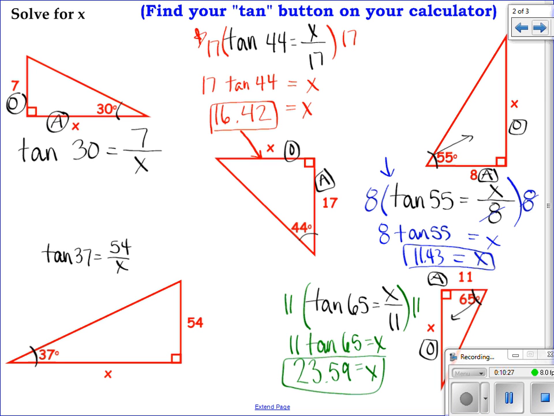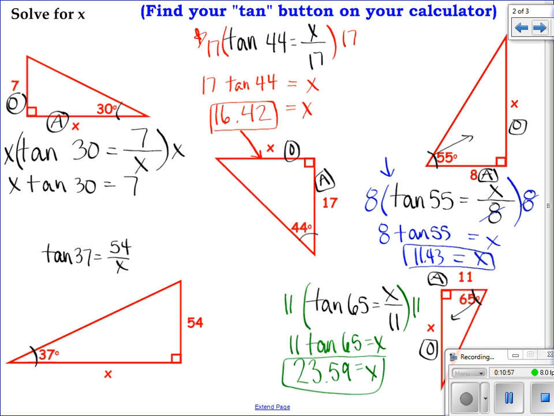What do we multiply by on both sides? Well, we need to multiply by the denominator, and in this case the denominator is the variable. That is okay. So if we do that, the x's cancel out on the right. But now we don't have a fraction to deal with anymore. How would we get x alone at this point?